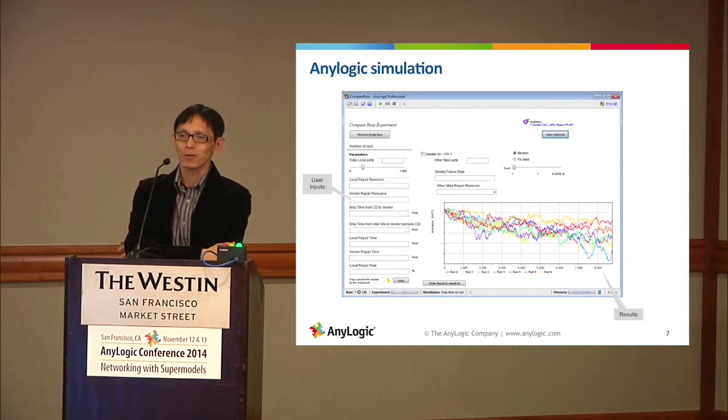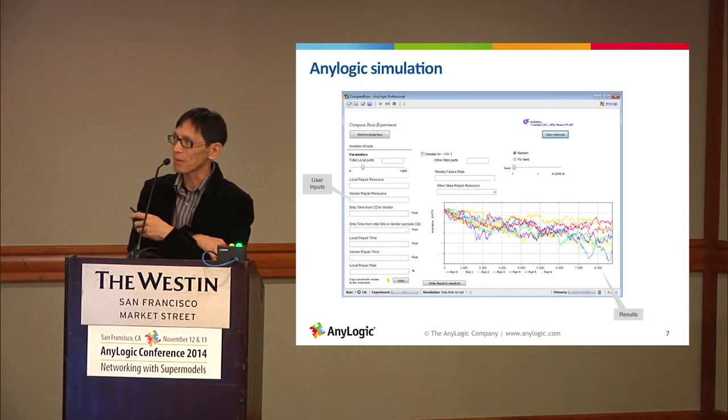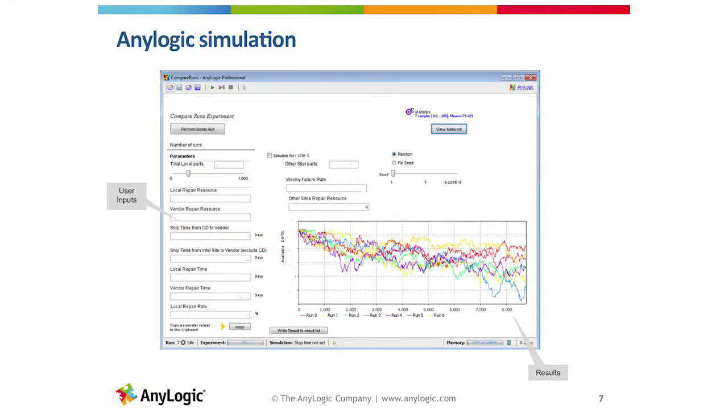If you look here, this line is the minimum number of parts you need to keep your equipment running. When there's a dip, it means there's a potential time that you will be short of the part.